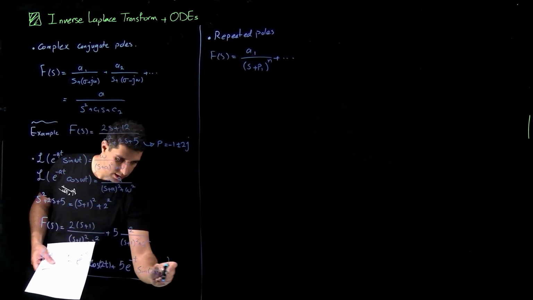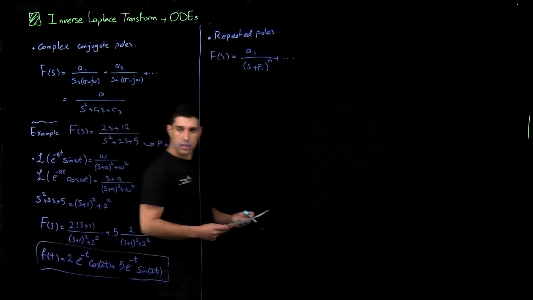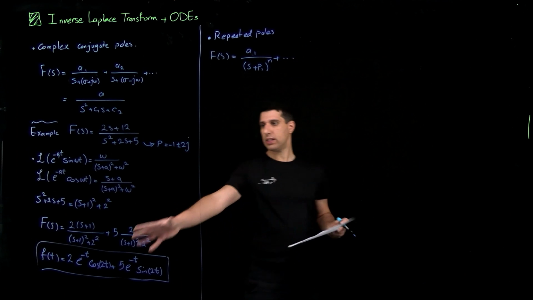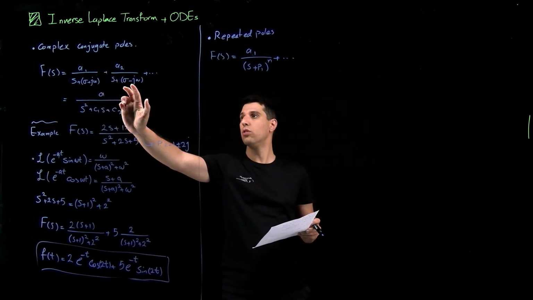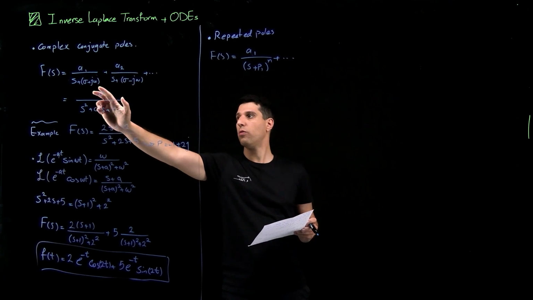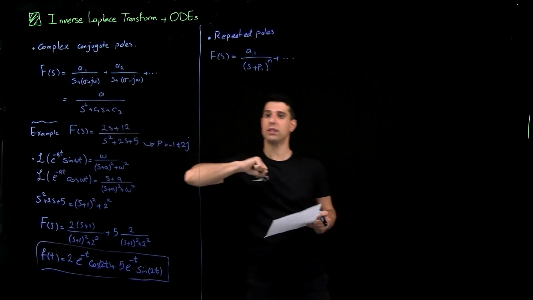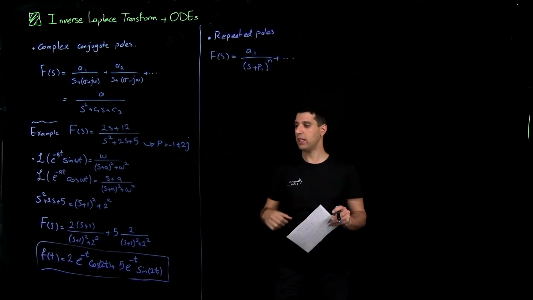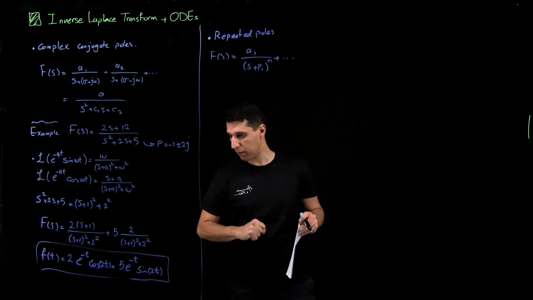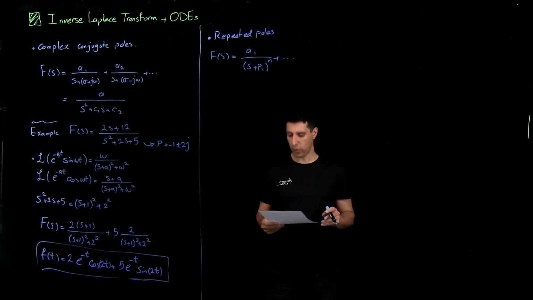And that is the final answer. So it is a relatively easier way than trying to go through the complex variables and then combining those to end up with a real version.